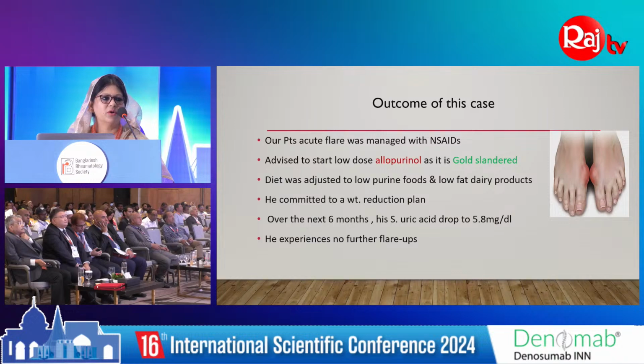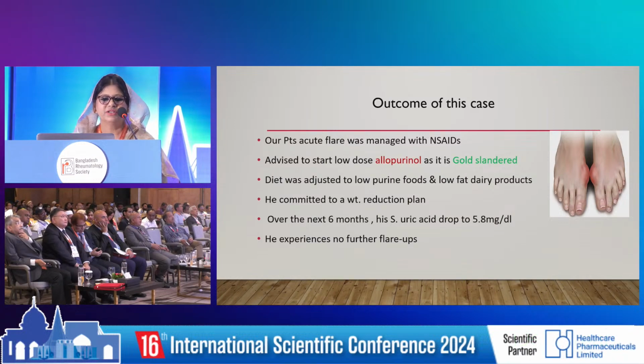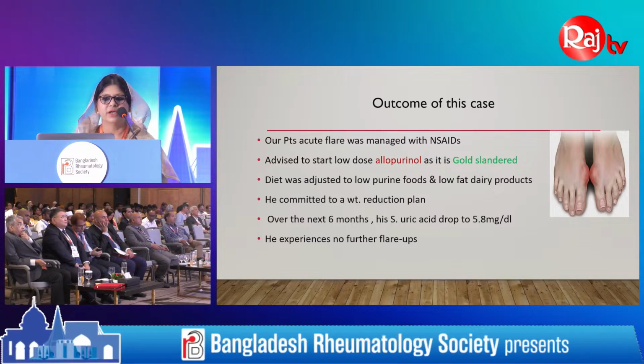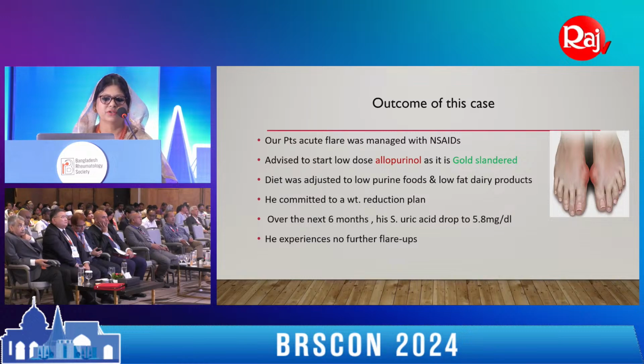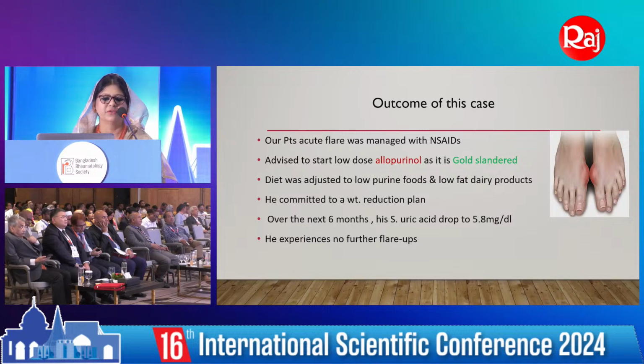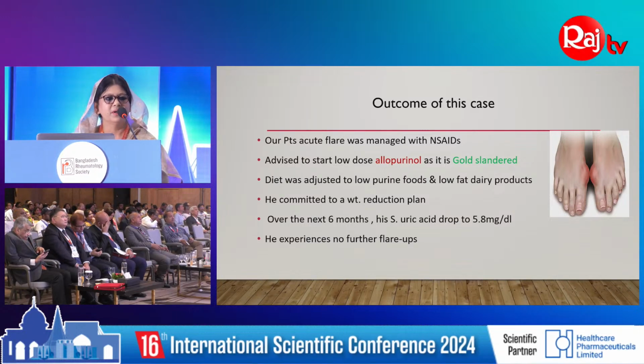What was the outcome of our patient? We managed our patient with NSAIDs in his acute flare. After that, we advised him allopurinol, which is the gold standard. His dietary advice and lifestyle modification were done, and he was regularly followed up.